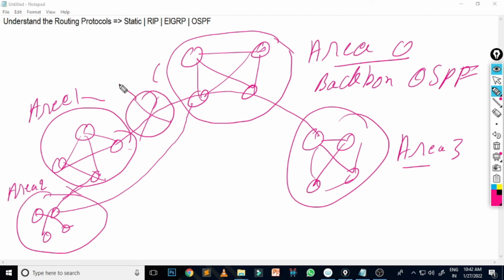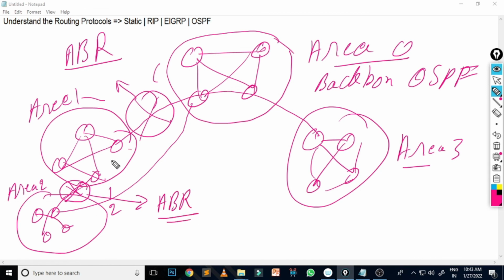So this router will be known as an ABR. ABR stands for area border router, right? Even if I connect these two normal regular areas, and this router is configured under area 2 and area 1, this router still cannot be considered an ABR, because it cannot establish communication between area 1 and area 2.